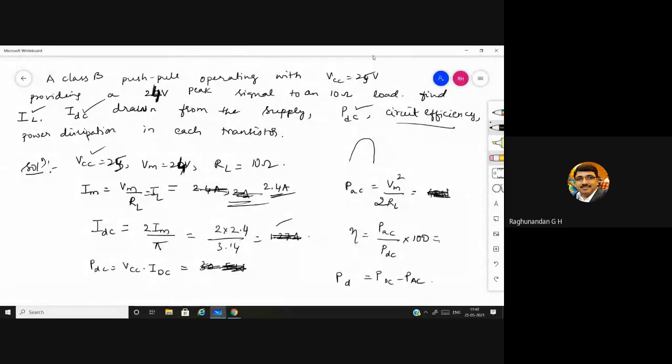So now, retain this only and tell me PDC. How much? 30.48. Take my initial values: we get PDC as 30.5, PAC as 20, and our efficiency, what is the expected value?